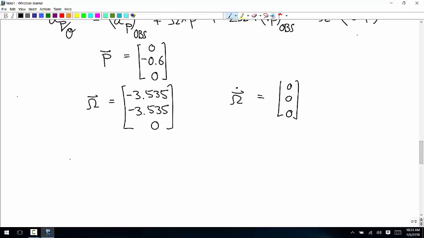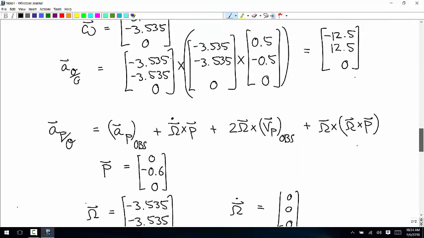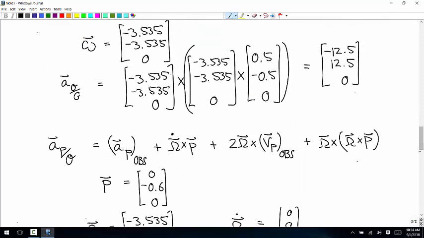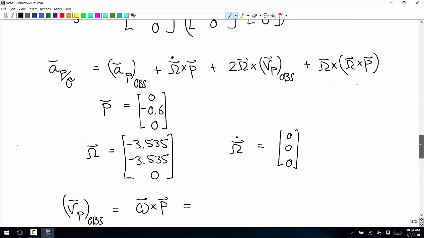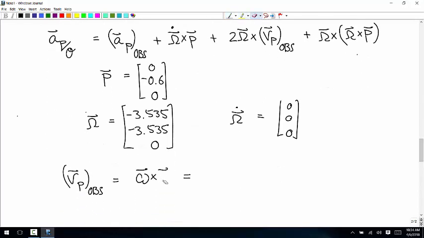And then the observed velocity. That is the angular velocity of P crossed with the position vector, lowercase omega cross P. What? You're right, it's crossed with R. Damn it.